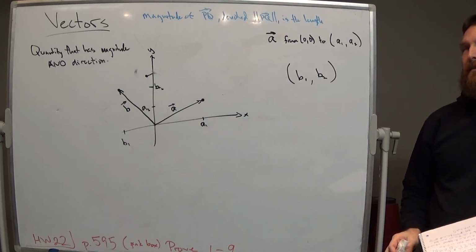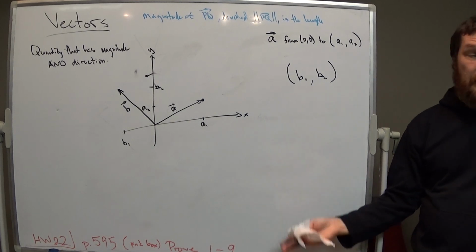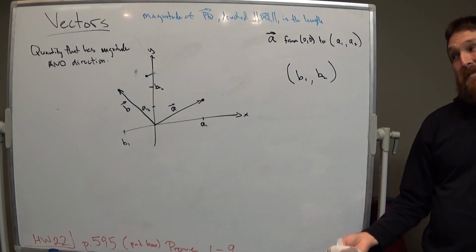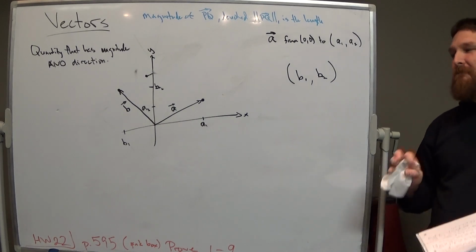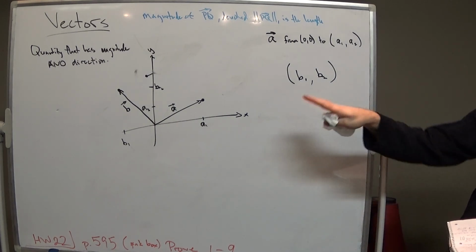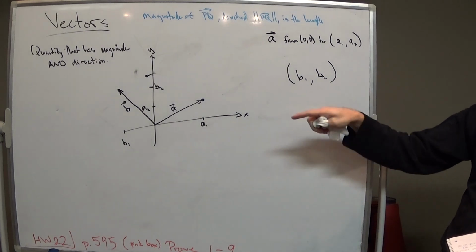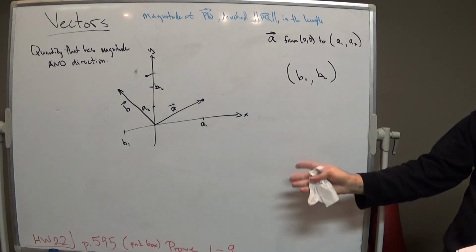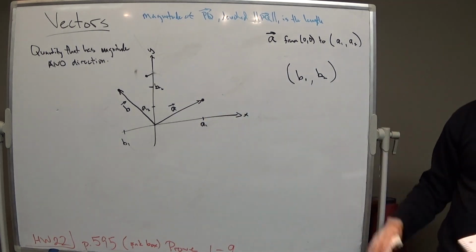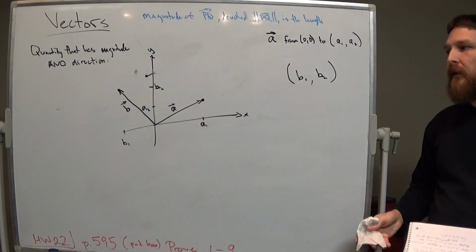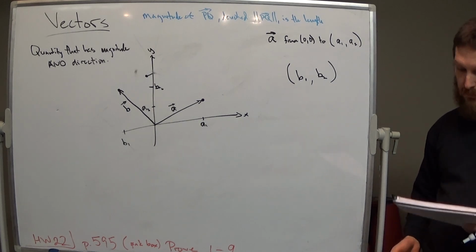But in practice, we're just talking about points here. There's no difference, really. But we'll see in a little bit, probably, if not next time, the time after, why it's useful to say you could slide them around and they stay the same. That's cool. But really, when you're talking about vectors, you're talking about points.